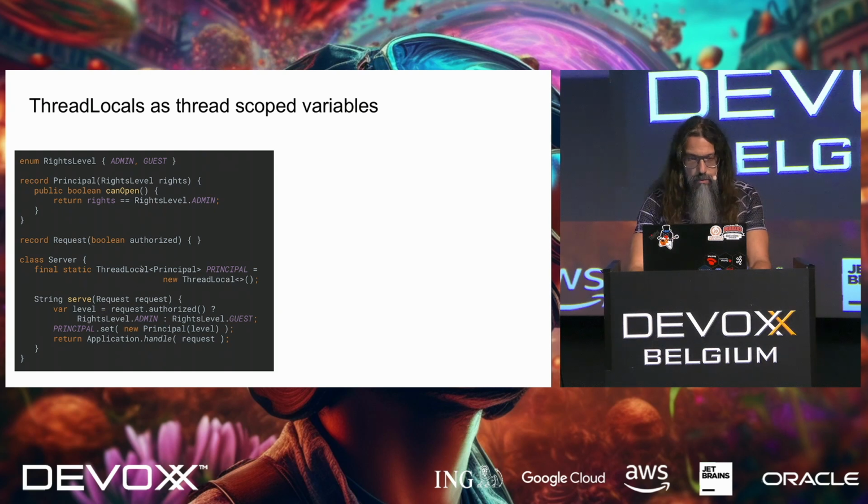Okay, so what I'm doing here is that I have a server that is serving a request, and this request may or may not be authorized. And what I do is try to discover the principal that asked for this request, and this principal can have two different sets of rights. It can be an admin or it can be a guest.